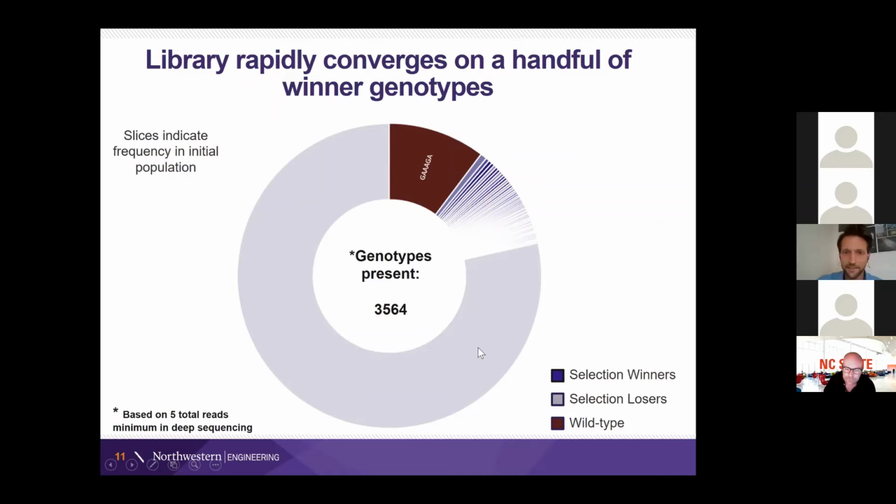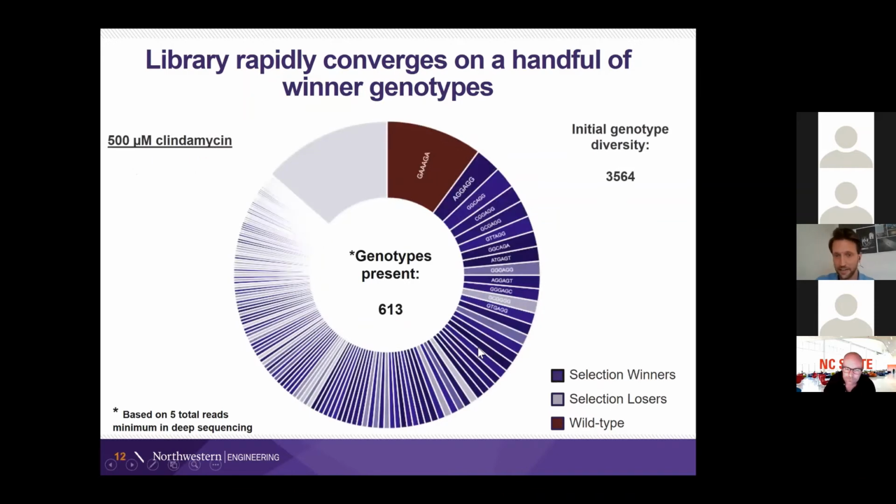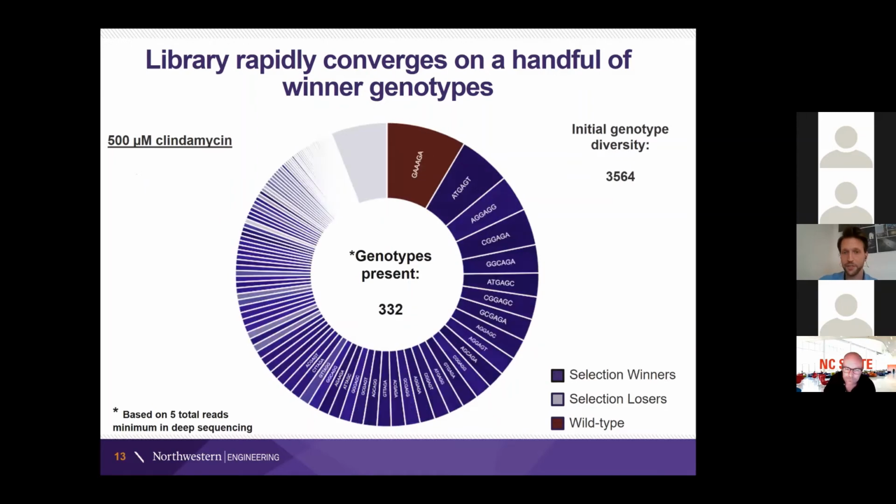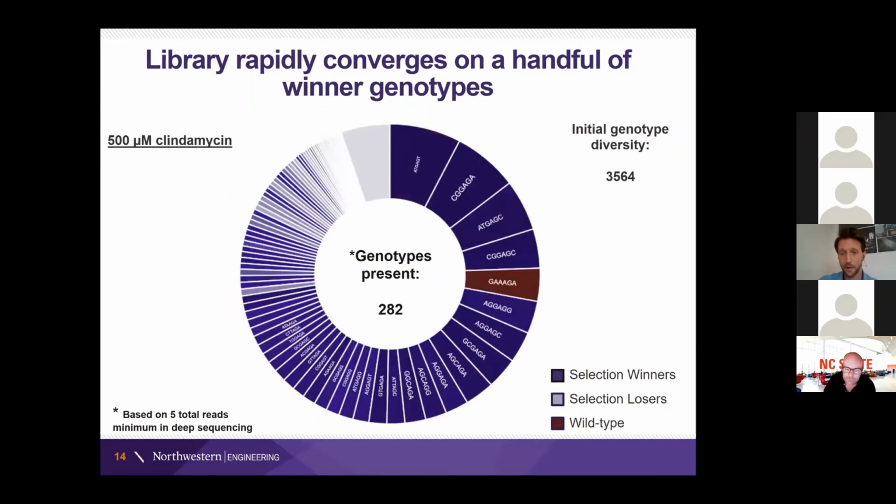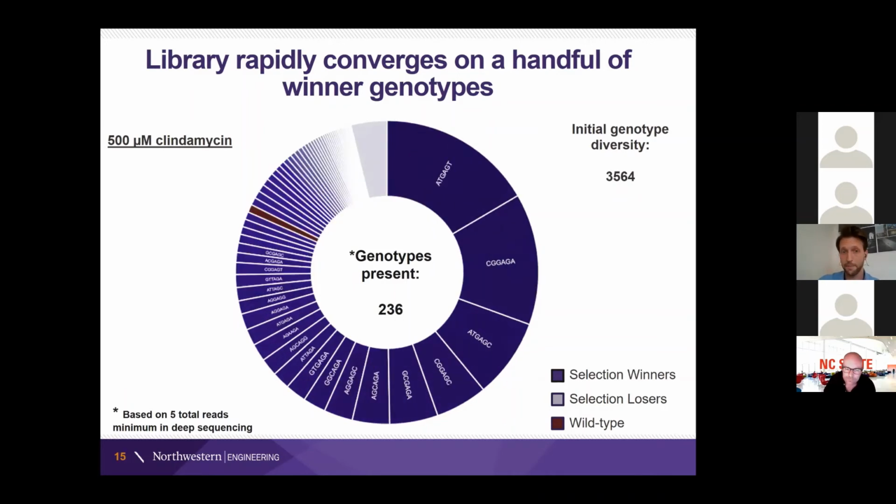You can quickly see after one round of selection that we start to get a lot of enrichment of certain genotypes. We've lost about 3,000 of our initial genotypes, and we're getting enrichment of a handful of them. As you proceed through the selection, we lose more and more genotypes, and you can see that by round 3, wild type is greatly reduced in the population, and by round 4, it's over here. It's perhaps the 40th or 30th most prevalent, so it's now being removed from the population.